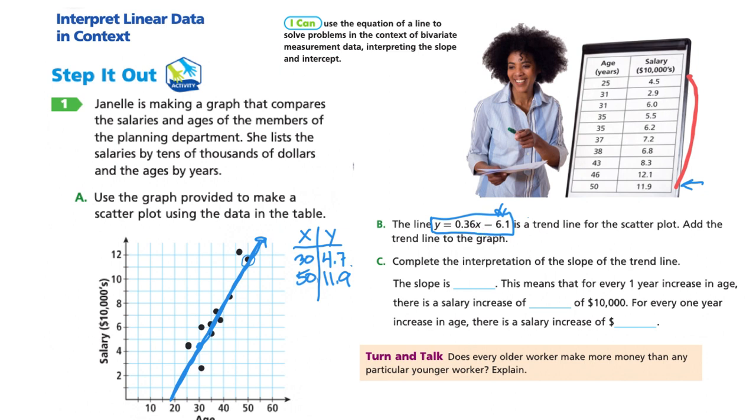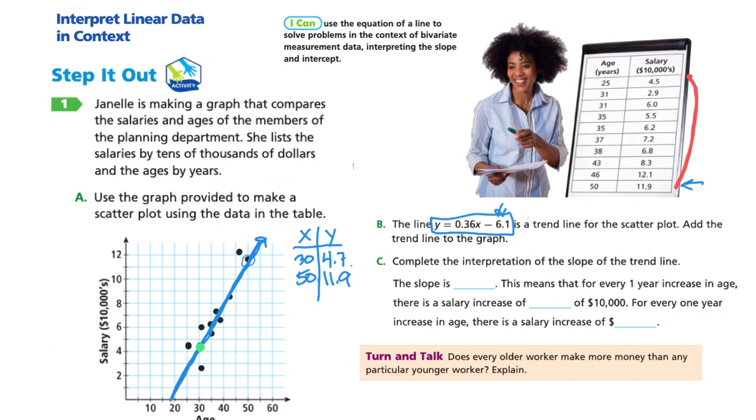So when I plugged 30 in for x, I got 0.36 times 30, and then I subtracted 6.1 and I got 4.7. So that's this point right here. And what I'll do is I'll do it in a different color. So that's this point here. And then I chose 50 as my other point. I started with 60 and that got me way up here, and that was off the graph as well.